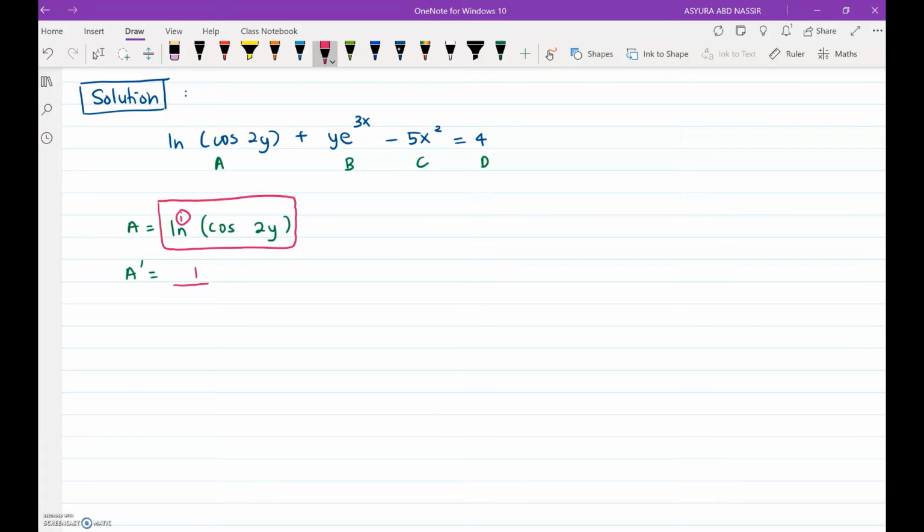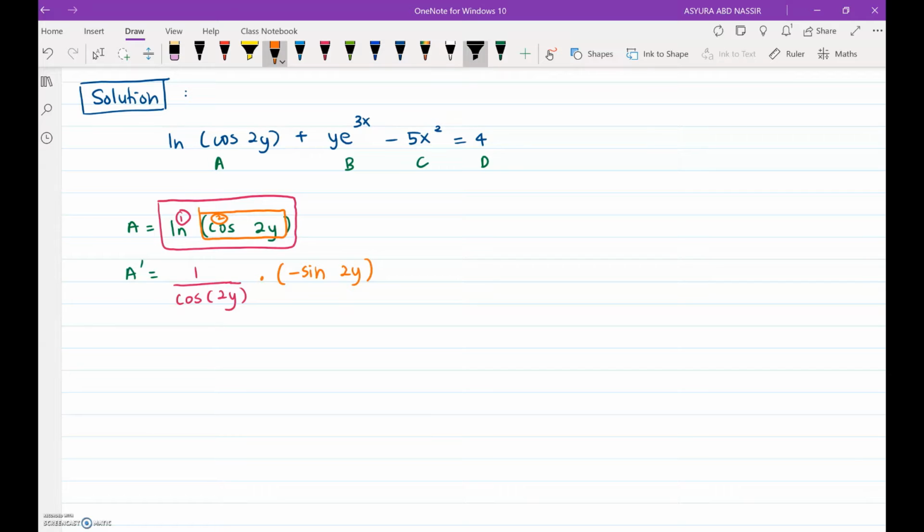It is 1 over cos of 2y. Next, you will differentiate the inner function, cos 2y. You differentiate cos, and you will get negative sine of 2y.